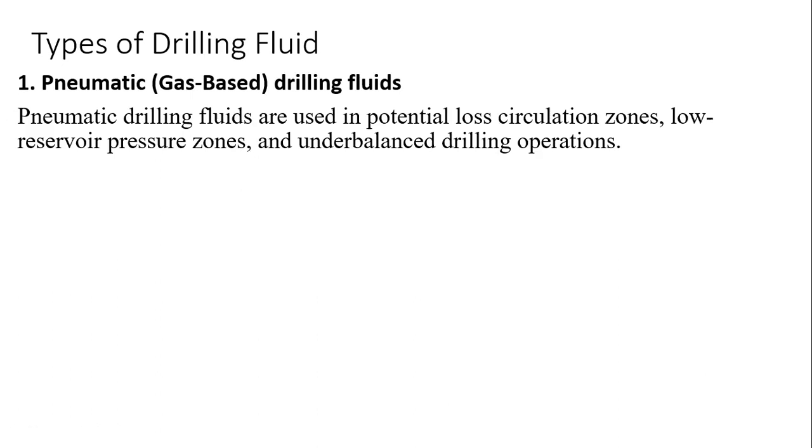Mist means water droplets in gas. They are potentially used in what we call lost circulation zones. During drilling processes, there are certain formation zones, certain parts of the ground, that have a lot of holes.